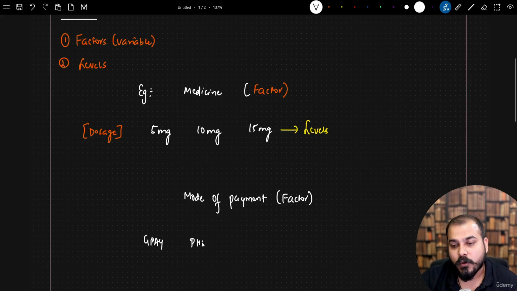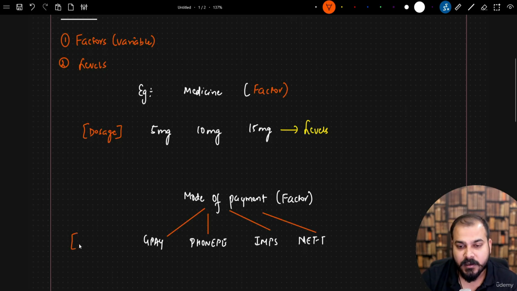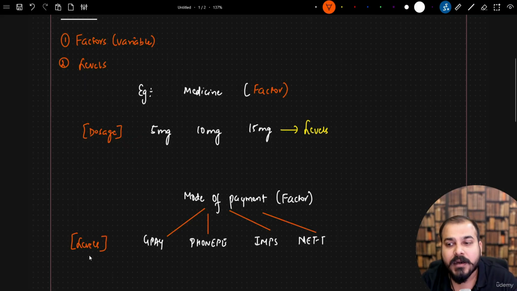Let's say you are paying by PhonePe, you have IMPS, you have NEFT, you have different ways like demand draft and all. In this particular case, mode of payment is definitely a factor, but all these other things are levels.